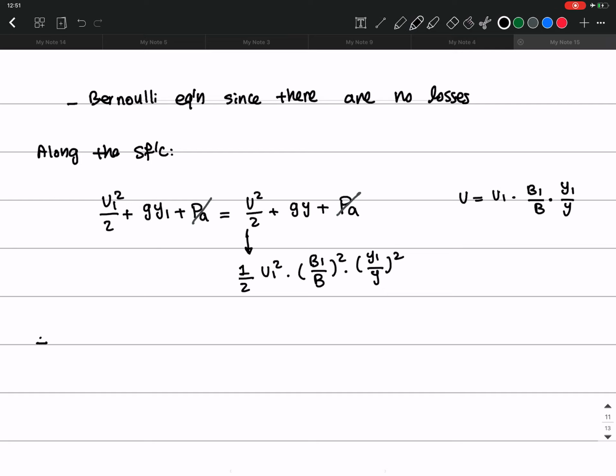Now I divide everything by gy1, so divide.